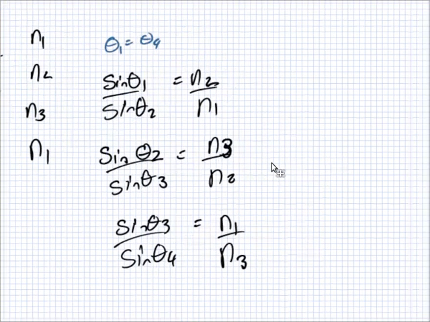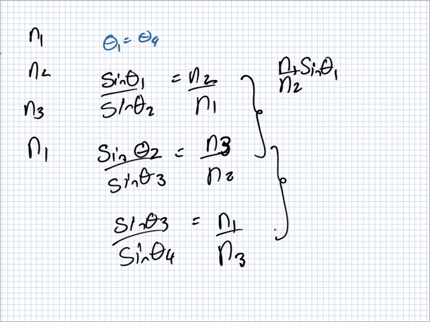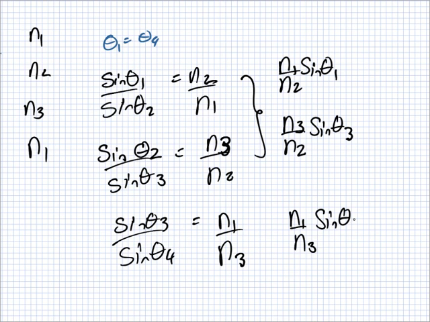Because we have theta 2 and theta 2 here, we could combine them. So this would be N1 over N2 sine theta 1, for theta 2. And here, you could get N3 over N2 sine theta 3. And here, you could get N1 over N3 sine theta 4.